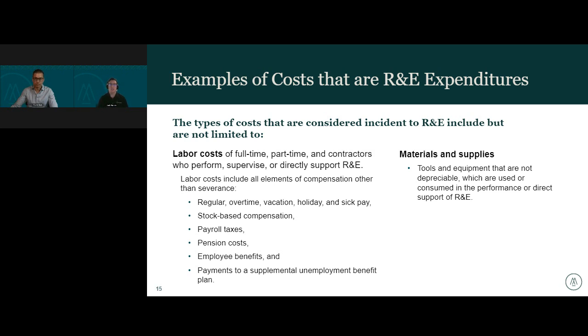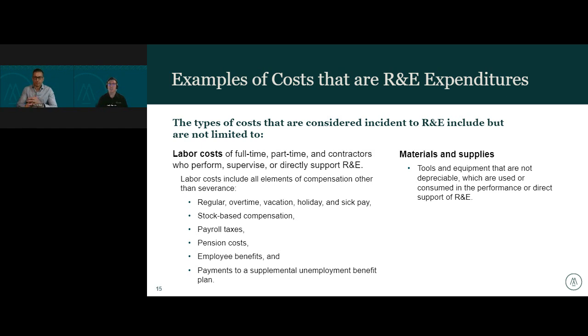The next category here is materials and supplies, including tools and equipment that are not depreciable under Section 168. So these are going to be tools or materials that are used or consumed in the performance of R&E activities or in the direct support of R&E activities.